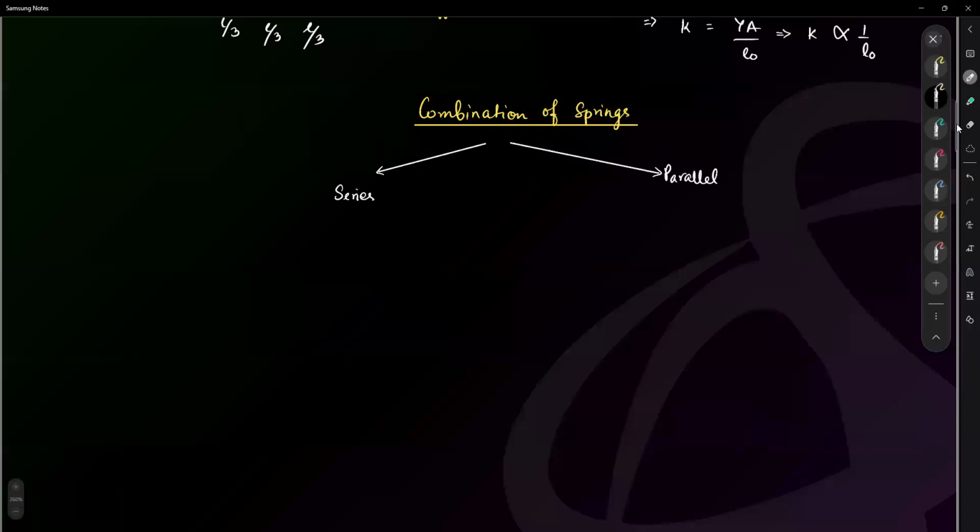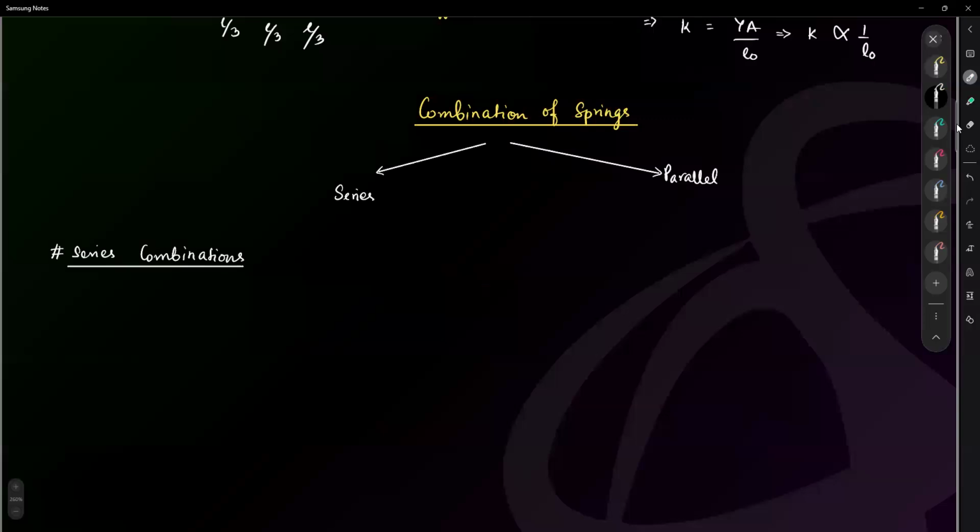We will go on to the derivation of one of these combinations. First let us come to series combination, or rather we may see the derivations of both. Maybe this will not come in your boards, but the concept is more important here.